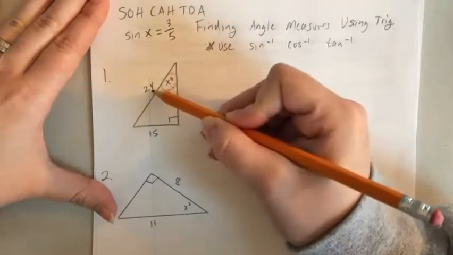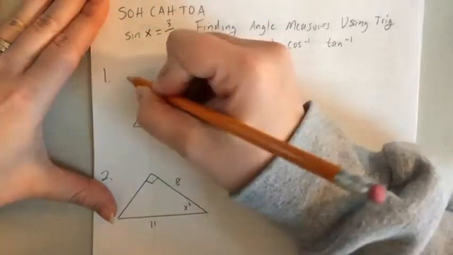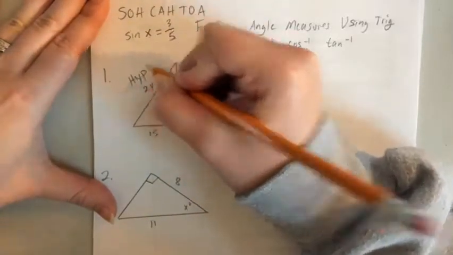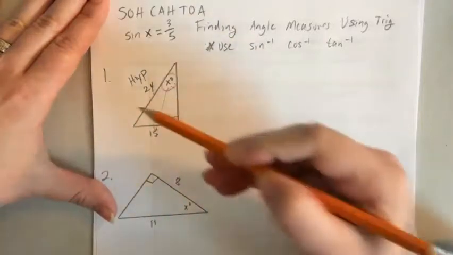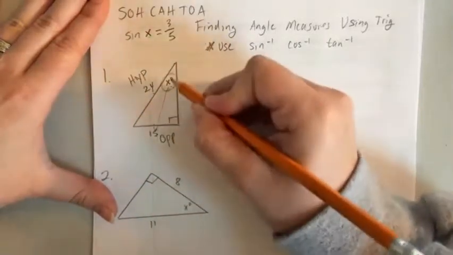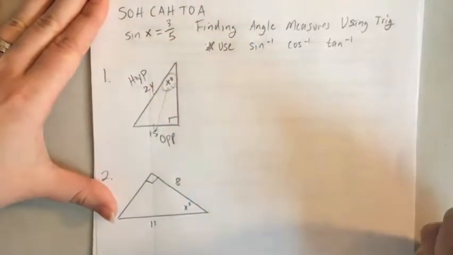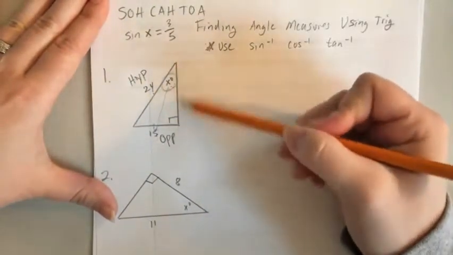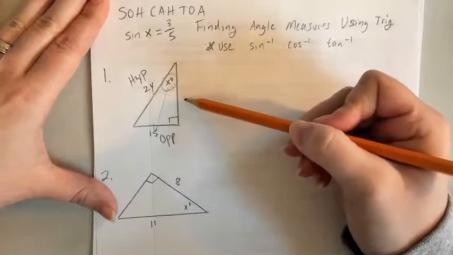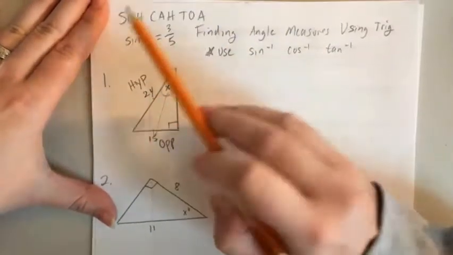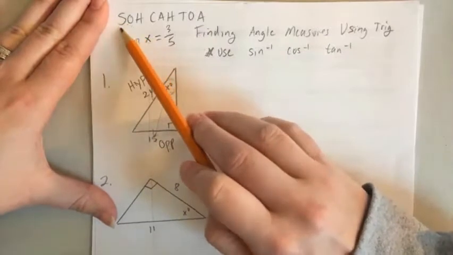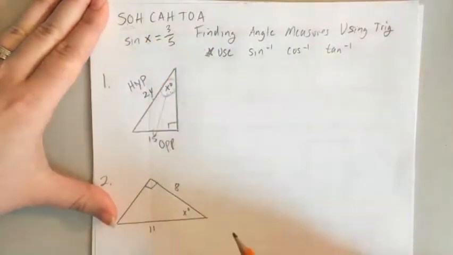This side here, 24, I've already said is the hypotenuse. This side across from x is the opposite side from this angle, since this is the one I care about. And the side that I don't know anything about would be my adjacent side, but I'm not using that one. So since I have opposite and hypotenuse, that tells me I want to use sine for this first part of SOHCAHTOA.